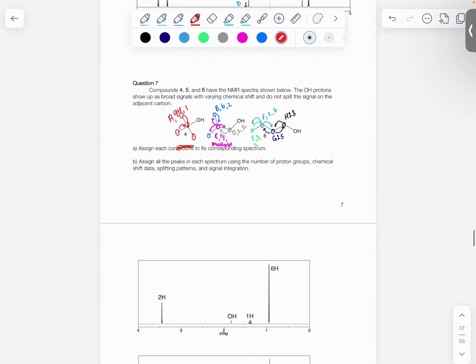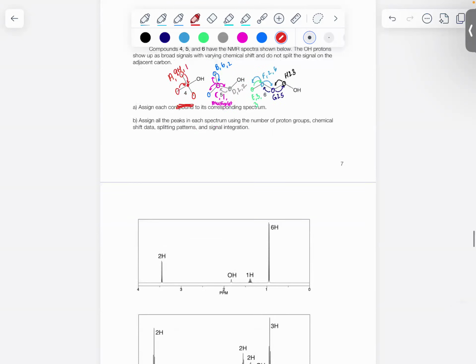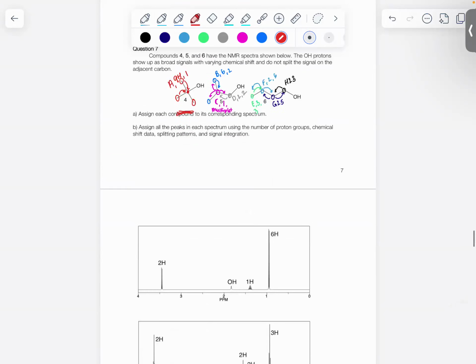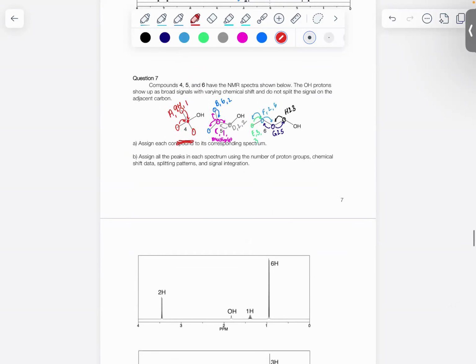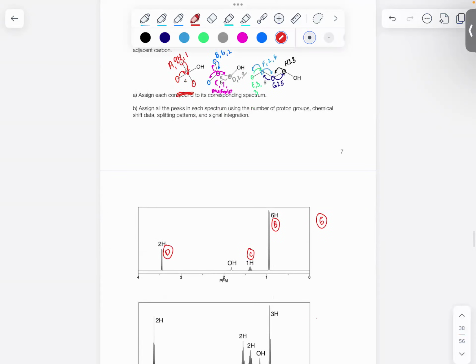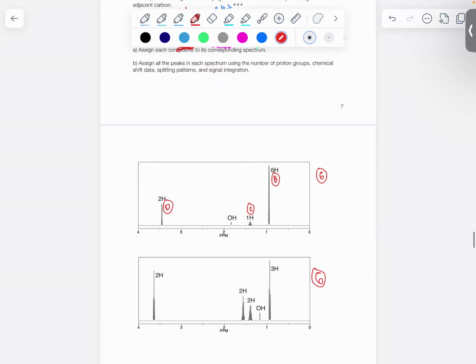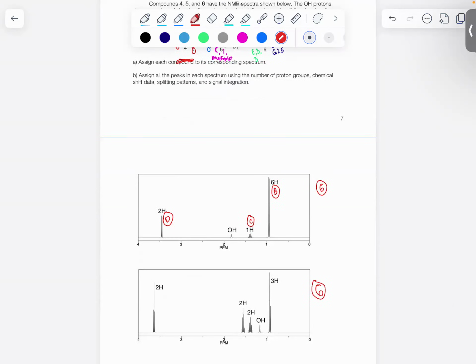Next, we can look for compound 5. We would expect to see 3 signals there. And we do have an NMR with 3 signals. We have compound 5 here. This would be signal B, signal C, and signal D. And finally, by process of elimination, we identified compound 6 as spectrum 2.